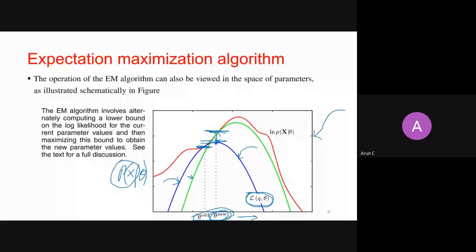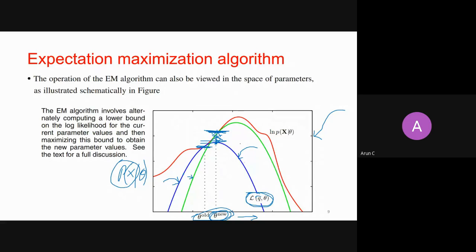So in the second iteration, again you make the q equal to the posterior, right? And then this lower bound L will get increased here. Because you have changed only Q, this blue will change into green, because now you have changed this theta, right?